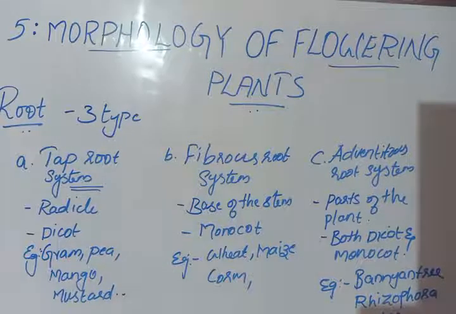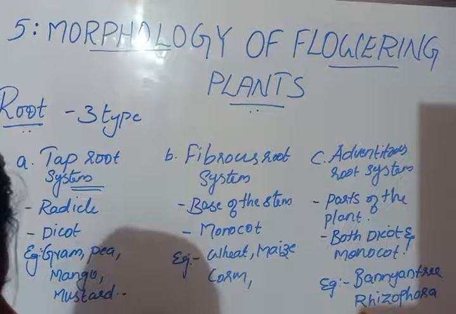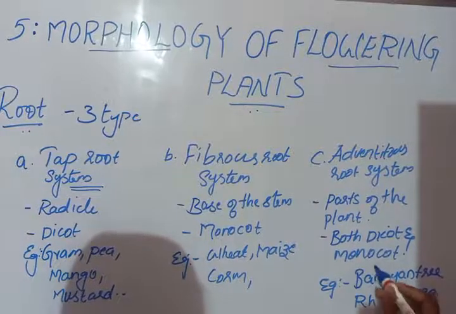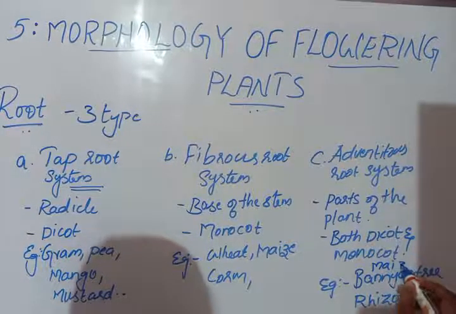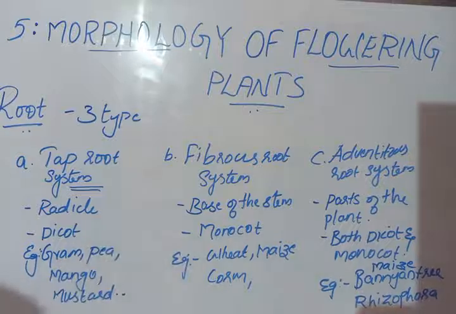So these are the examples that come under the adventitious root system. So what is the adventitious root system? It is the origination of the root from parts of the plant other than the radicle.